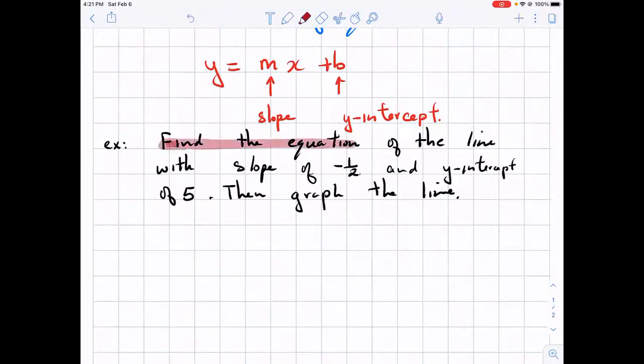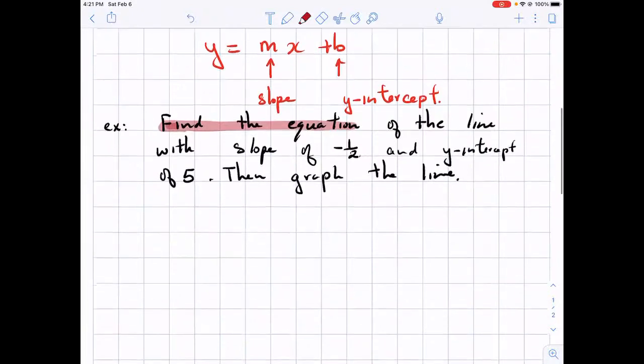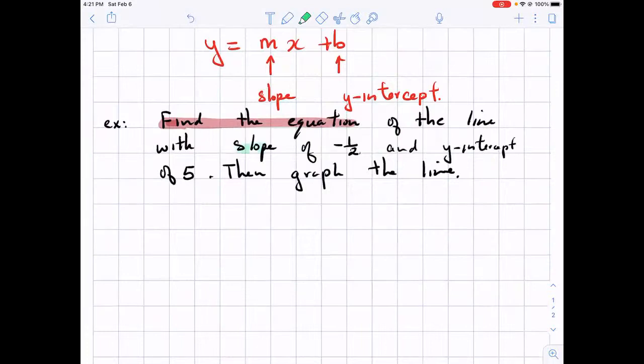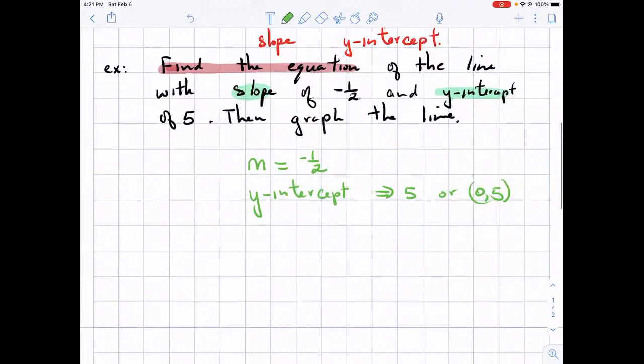What two pieces of information are given here? We're given the slope, so we can say that m is equal to negative 1/2. We're also given the y-intercept of 5, or we can say (0, 5), where this is the b.